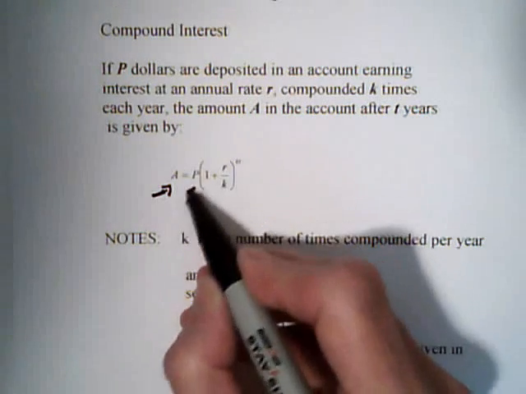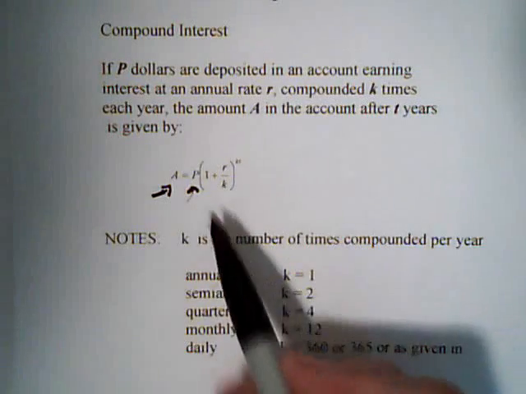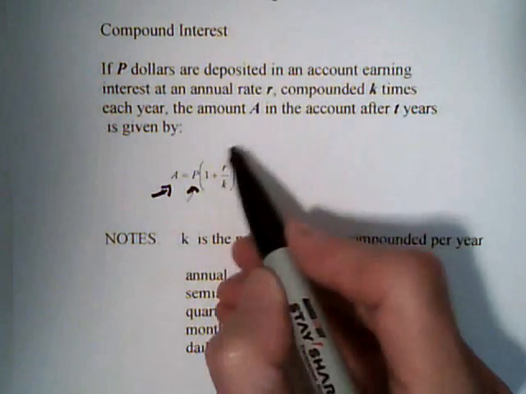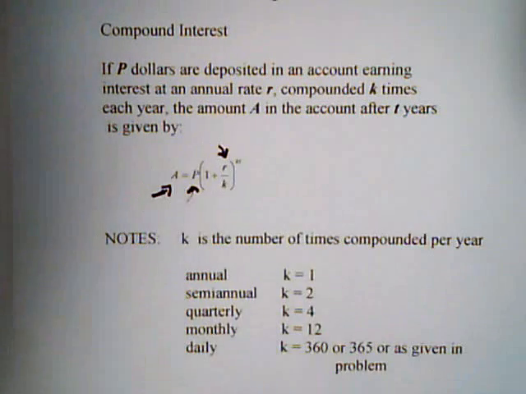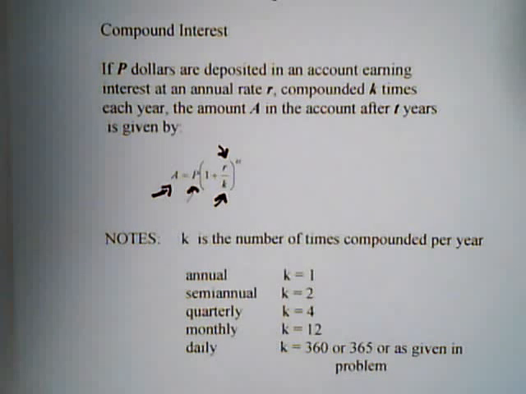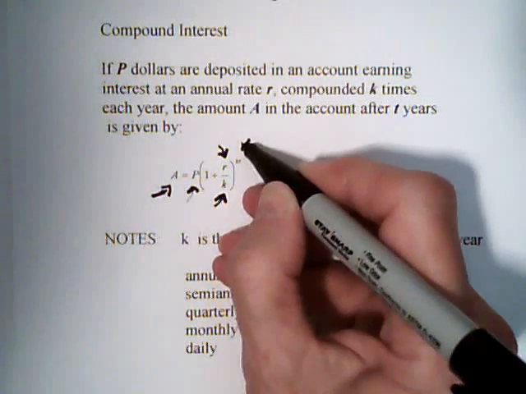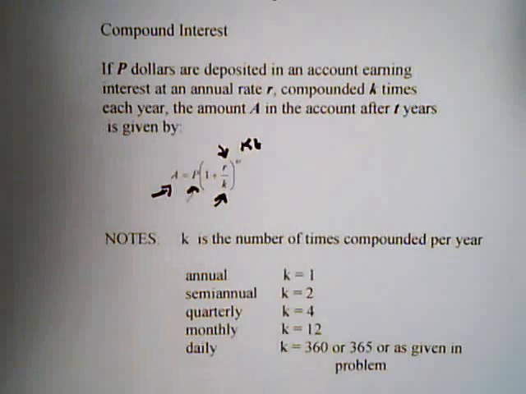The P is the principal amount of money that you put into the account, times 1 plus R, now that's your interest rate converted from percentage to a decimal. K is the number of times each year that your money compounds, multiplied by K times T. Now K again is the number of times compounded, T would be the number of years.